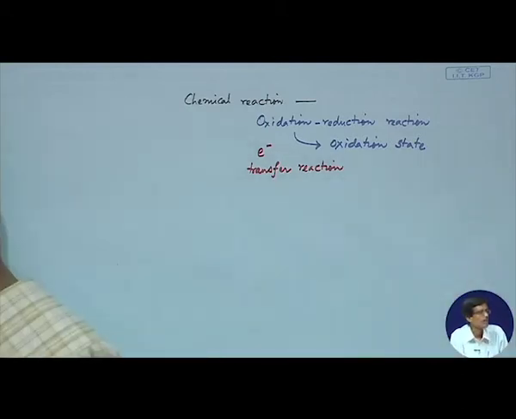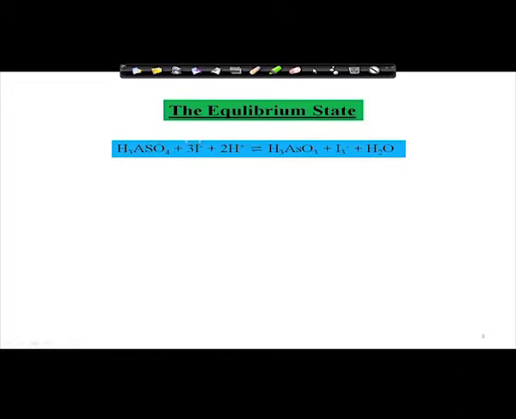So, here we have taken one particular example, that means H3AsO4, sorry, this is As, S is small s. So, this is the arsenate ion, AsO4 3 minus, that means H3AsO4, which is reacting with iodide ion.